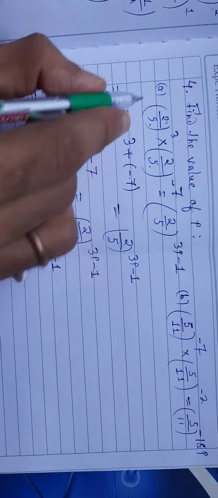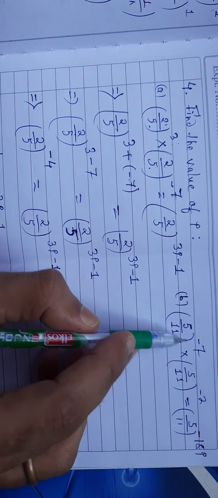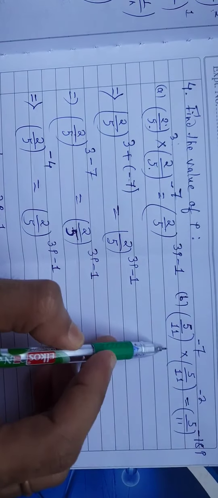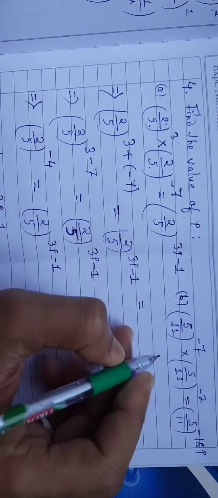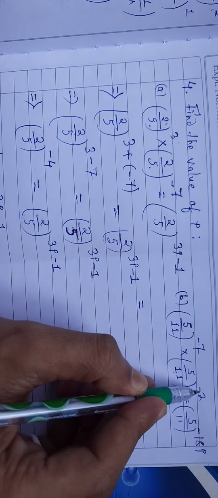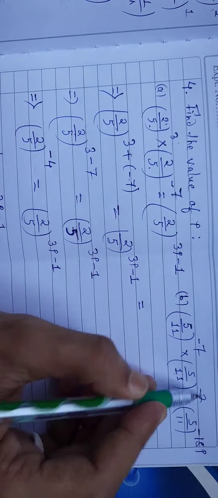So similar to question number A, this is also of the form a to the power m into a to the power n, since the bases are the same here. So we'll apply the formula: a to the power m into a to the power n equals a to the power m plus n.